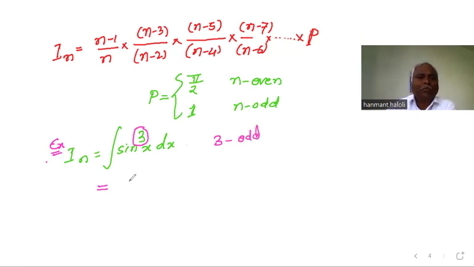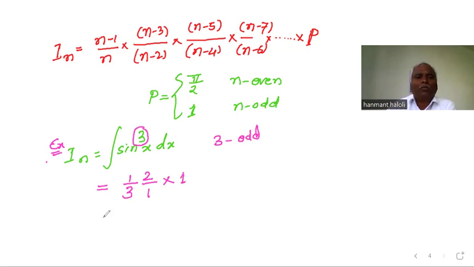Then take first 1 upon 3. In the numerator, reduce by 1: 3 minus 1, that is 2. Again 2 minus 1, here 1, into p. Since the power is odd, p is 1.